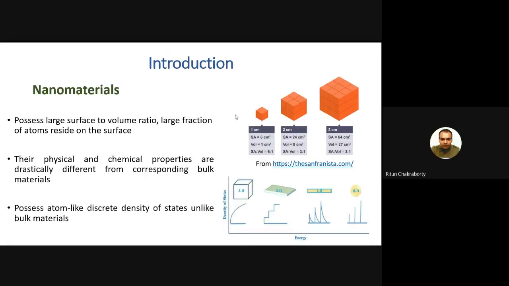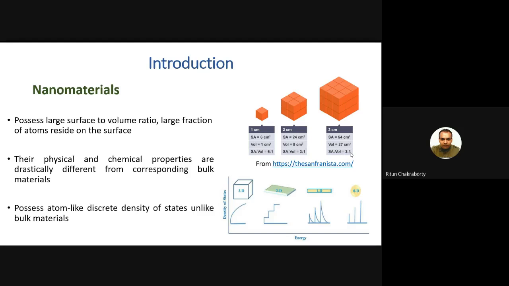Okay, let me make it full screen. So you see now the smallest cube has the largest surface to volume ratio, 6:1. The middle one has a surface to volume ratio of 3:1, and the largest one has a surface to volume ratio of 2:1.